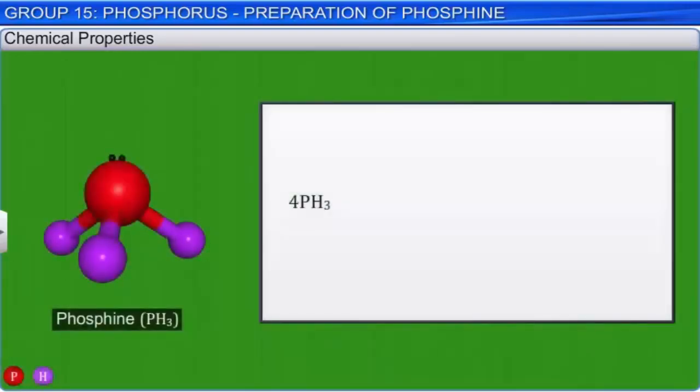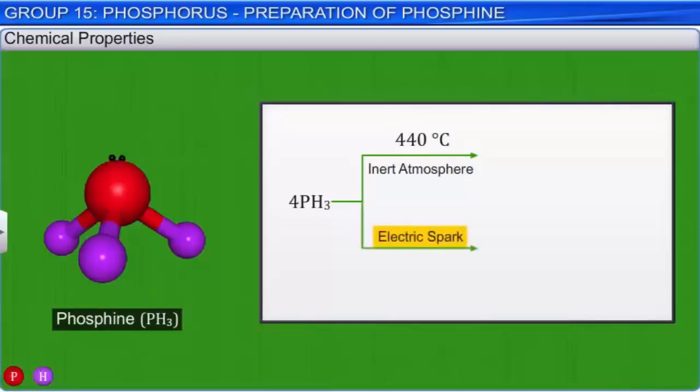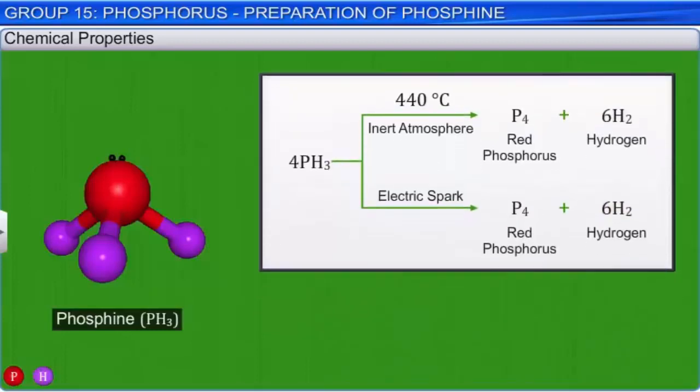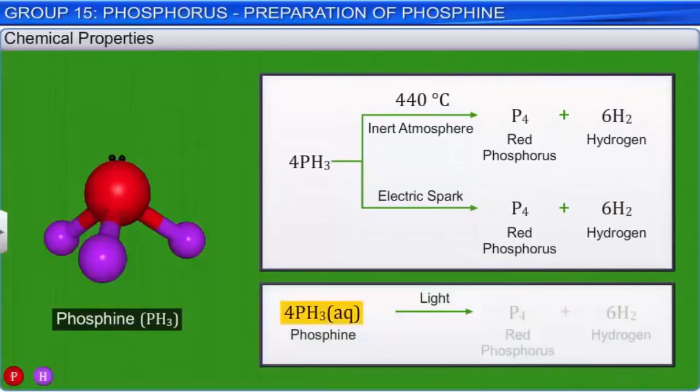When phosphine is heated to about 440 degrees Celsius in an inert atmosphere, or when it is subjected to an electric spark, it decomposes into its constituents, namely red phosphorus and hydrogen. Also, an aqueous solution of phosphine decomposes in the presence of light into red phosphorus and hydrogen.